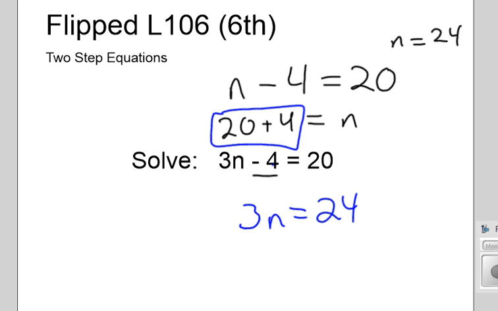And from there we're able to solve. We can take 24 divided by 3 and understand that n equals 8. So just by looking at a problem, we're able to mentally think through this and understand what's going on.